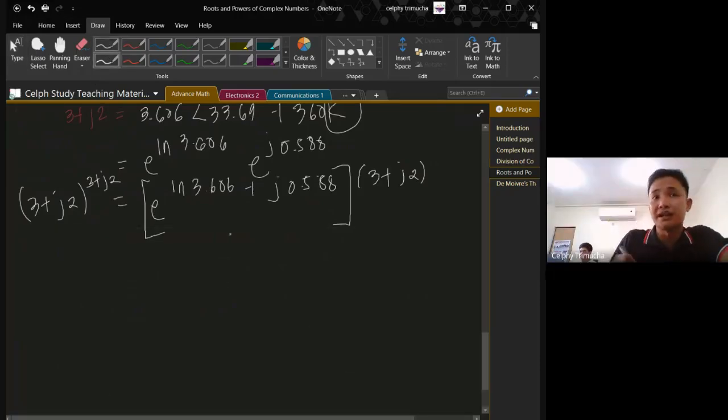Kinahanglan aton multiply sa aton nga exponents. But ano gani ang pinakahapos nga way kung mag-multiply ang exponents, dapat ara siya sa polar form naton.